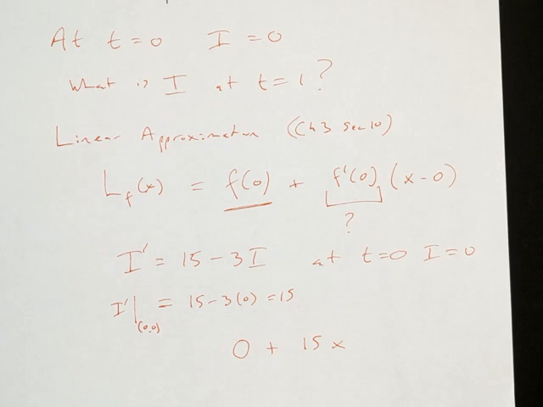How many steps do you want to take to get to 1? You could just say, we'll do it in 1 step, right? If I take 1 step, my new x value is 1, right? According to my equation, what's my y value?